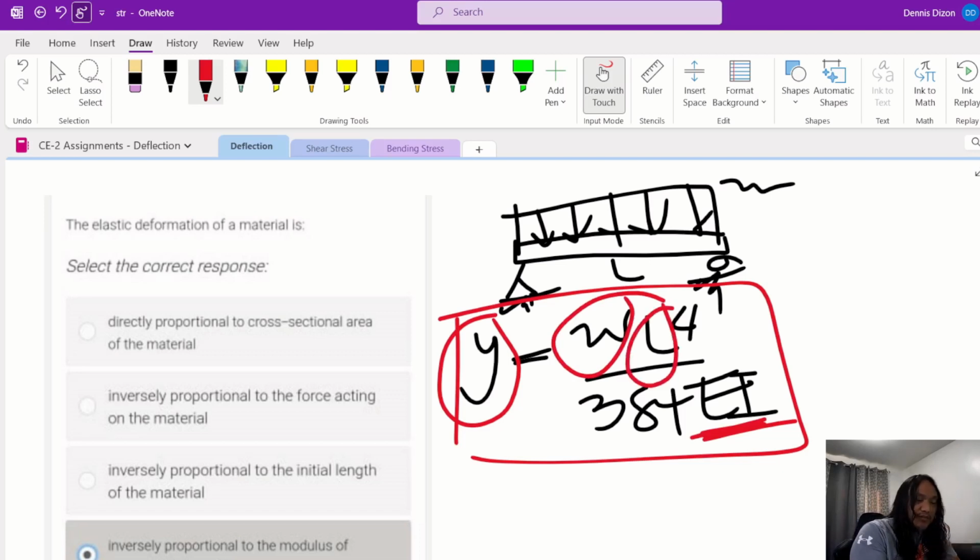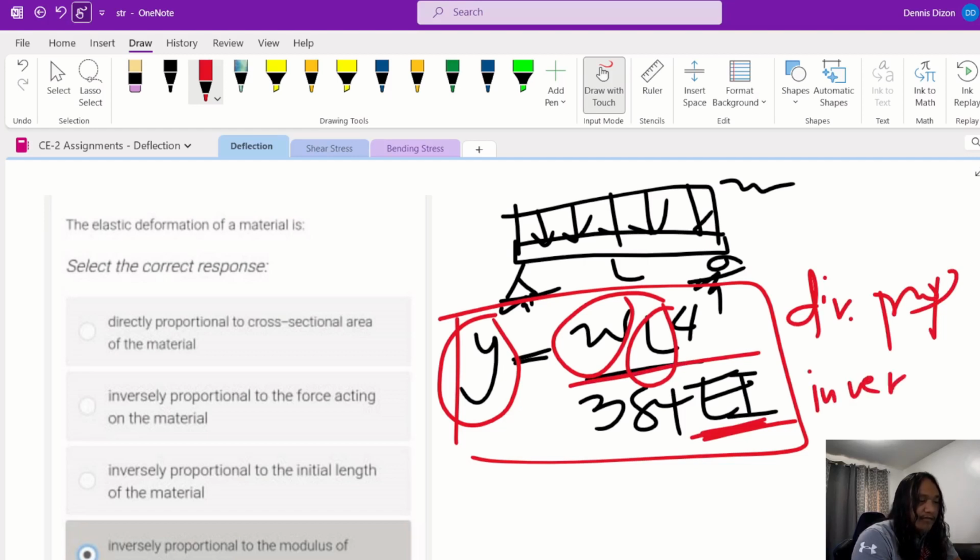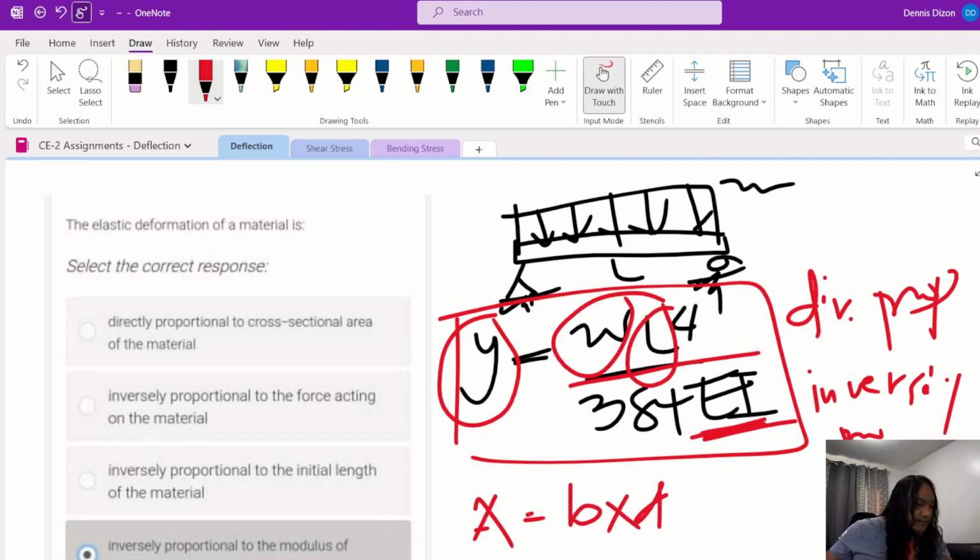And then the ones in the denominator are inversely proportional. So it says here, the first option is the cross-sectional area, which is area is equal to B times D if it is rectangular.